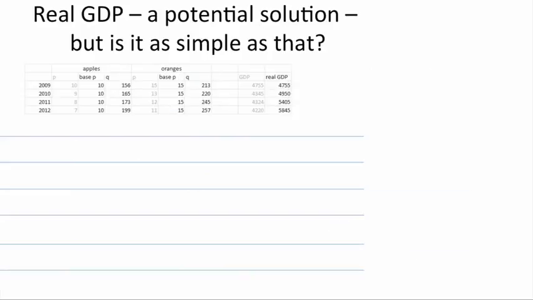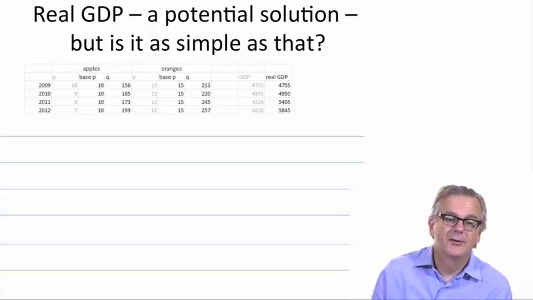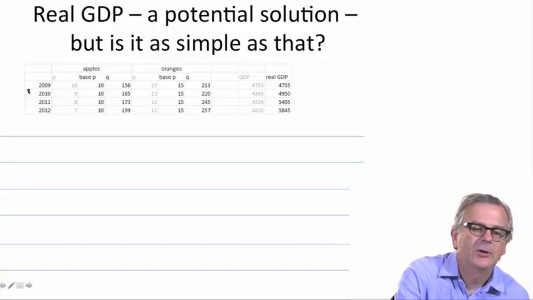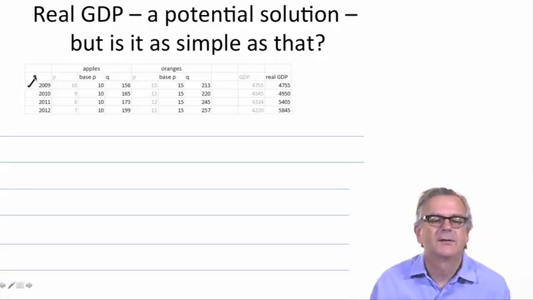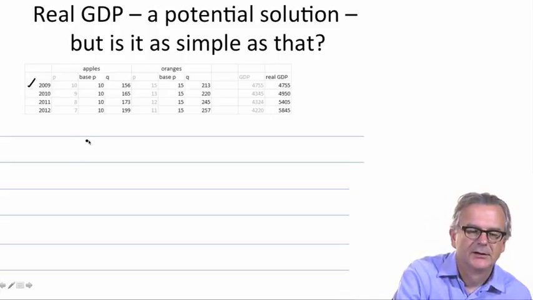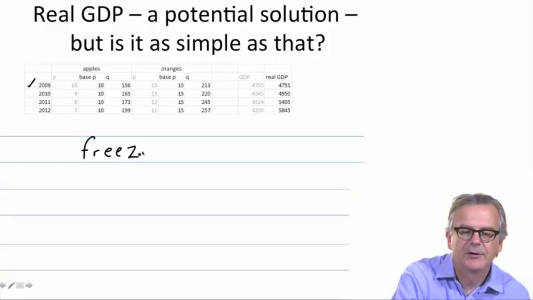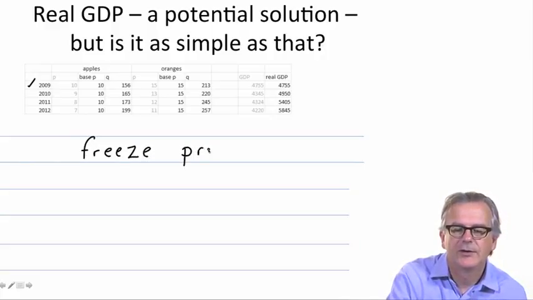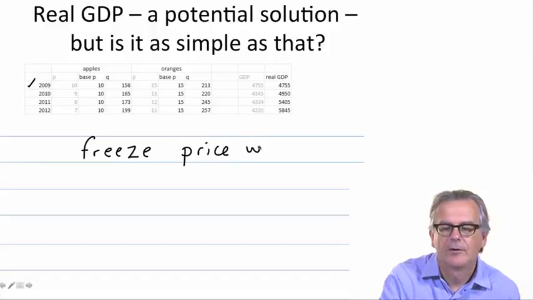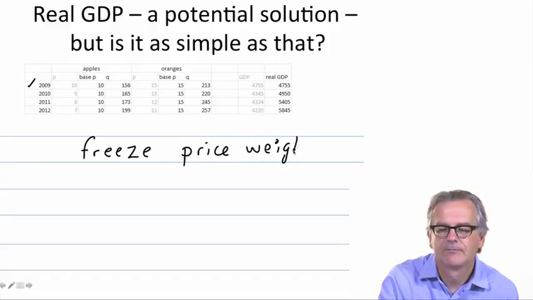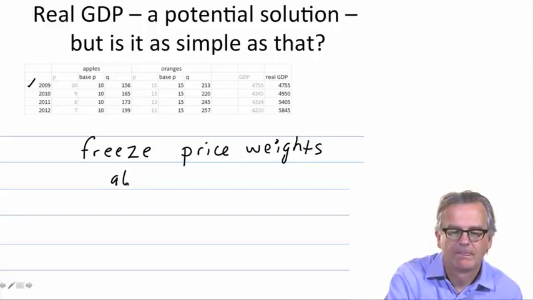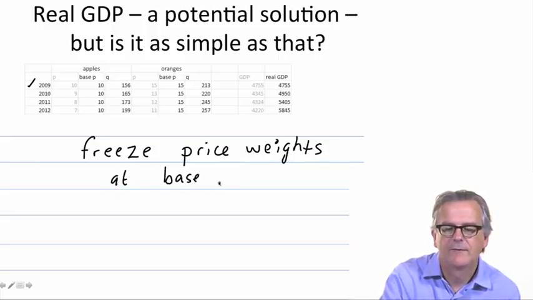There is one aspect to this real GDP calculation I want you to be aware of, one potential problem with the technique I described on the previous slide. So when we use those base period prices, and we use those prices to value goods and services for all subsequent periods, what we're doing is we're freezing the price weights at their base values.